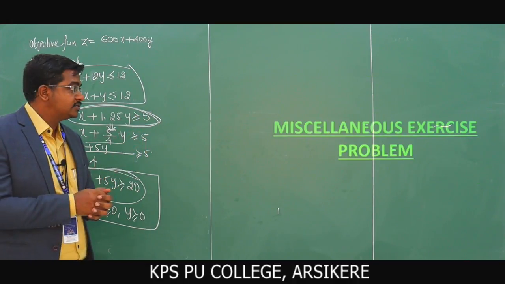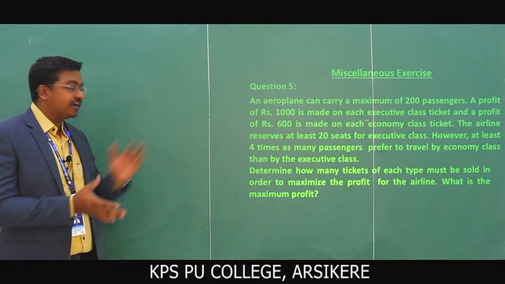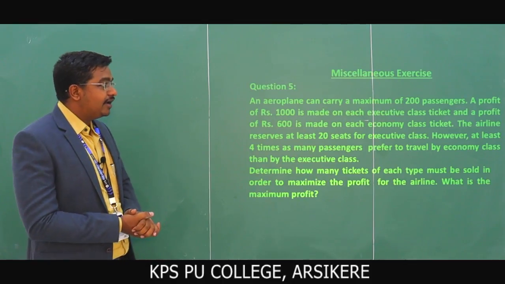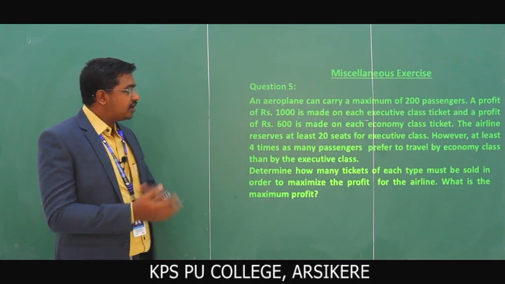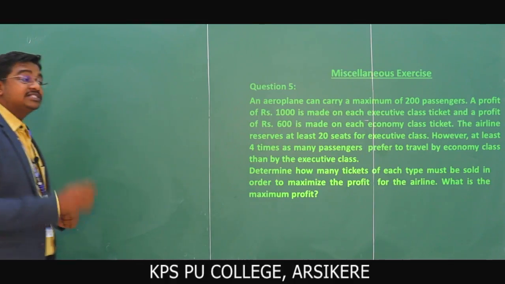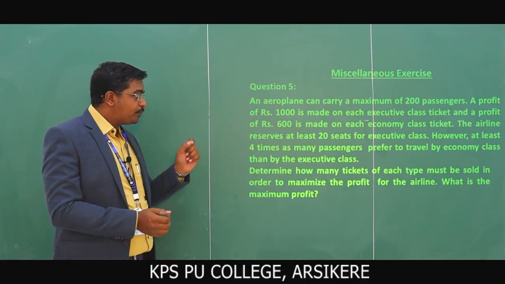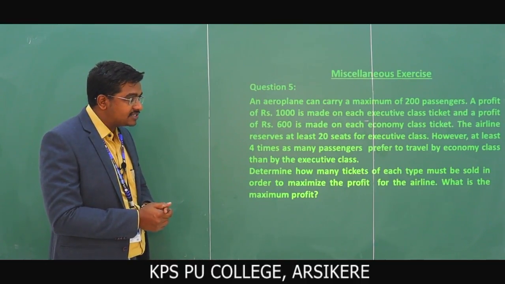Miscellaneous exercise problem, question number 5 is very important. An aeroplane can carry a maximum of 200 passengers. A profit of rupees 1000 is made on each executive class ticket and a profit of rupees 600 is made on each economy class ticket.